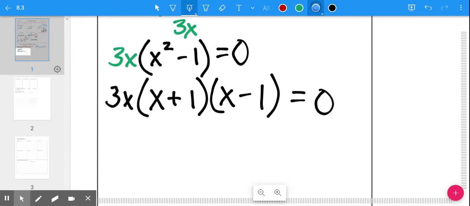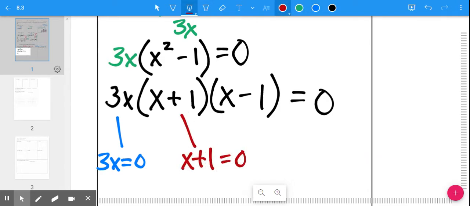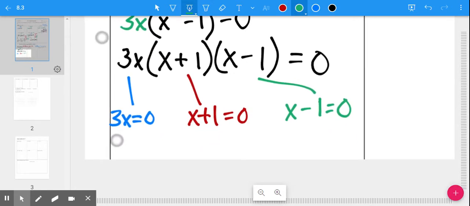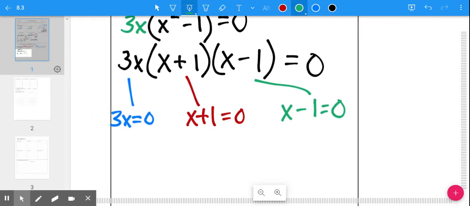So now, in order to solve this, we set all 3 pieces of this equation equal to 0. So we have 3x equals 0. We have x plus 1 equals 0. And we have x minus 1 equals 0. And this is how we isolate those variables.